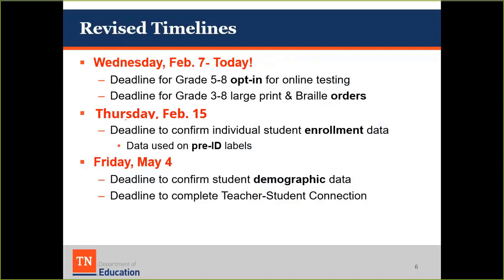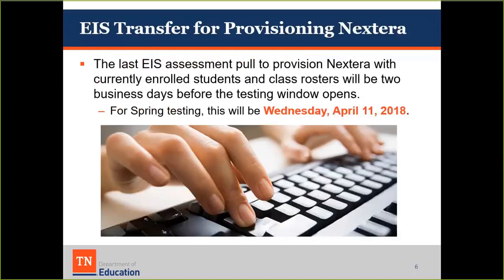Deadline also for you as a district and schools to complete teacher-student connection is Friday, May 4th, the last day of the testing window. You will not be able to make changes to demographic data or to the testing or to teacher-student connection after May 4th.